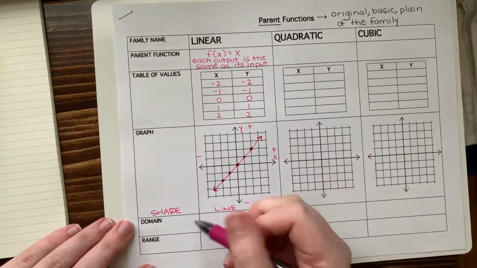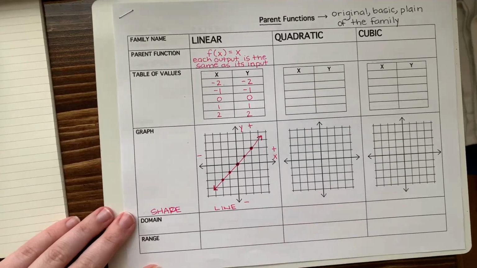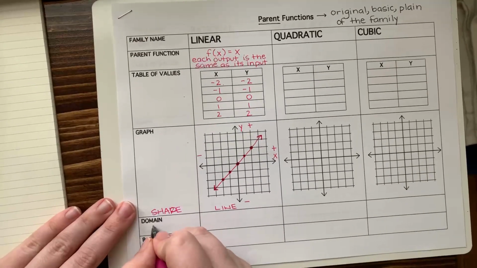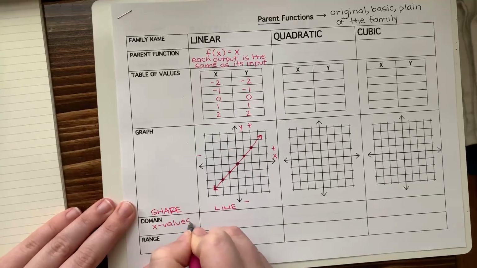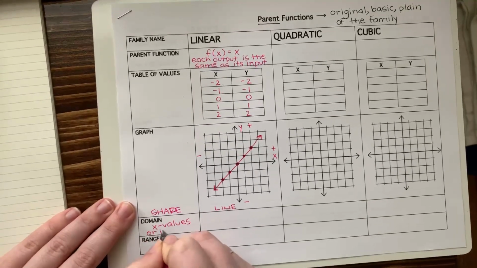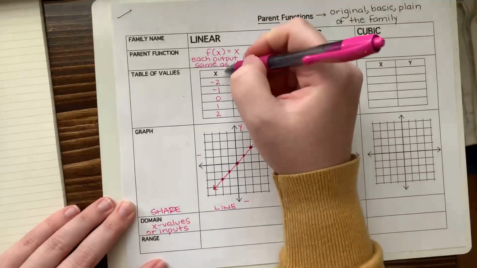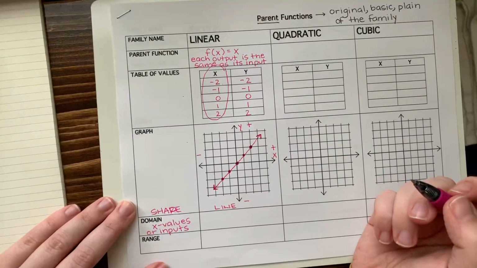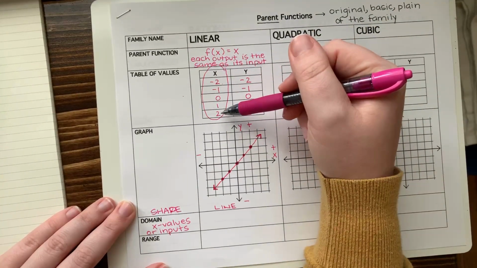All right, so now going to some verbal descriptions. One way to describe this verbally or in words is with our domain and range. So remember, the domain is our x values or inputs. So looking at my x column, my inputs, I see that I have negatives, I have 0, and I have positives.